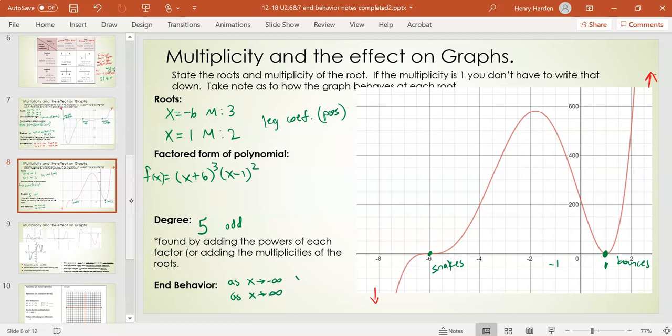Again, you can put y equals or f of x, it doesn't matter. Y approaches something. Okay, again, leading coefficient is positive, so that means this is going to approach infinity on the right, but because it's an odd degree, the arrows are pointing in opposite directions, so this is going to point to negative infinity. Remember, arrows opposite for this.